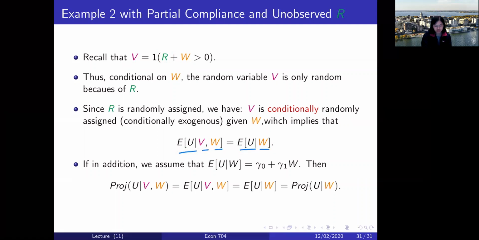If in addition, and we're going to talk about this additional assumption later, we assume that E[U given W] is linear in W, then because E[U given V and W] equals E[U given W], E[U given V and W] is also a linear function of W. V doesn't appear here; you can write it as a function of V, but V has a 0 coefficient. So that is also linear in W and V.